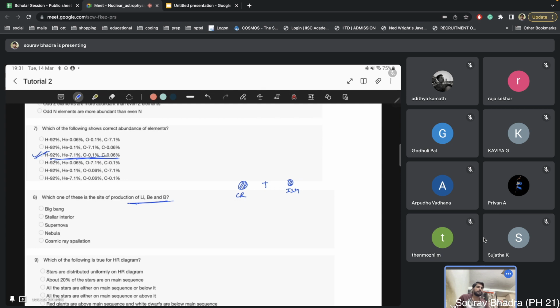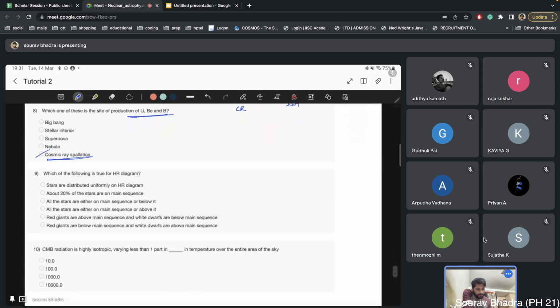ISM particles mean interstellar medium particles. So there are particles in between stars, that is called the ISM, and by doing various types of nuclear reactions, it will give lithium, beryllium and boron. So this is the main production mechanism of lithium, beryllium and boron. This is cosmic ray spallation.